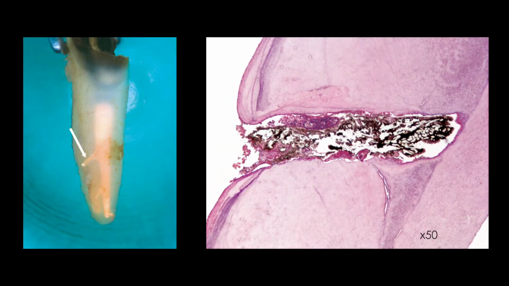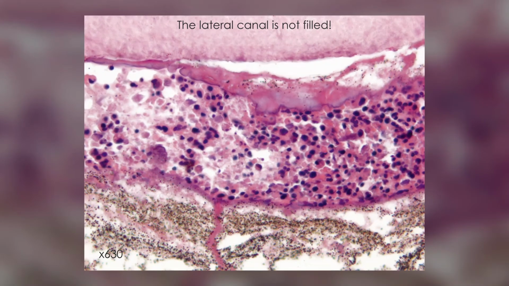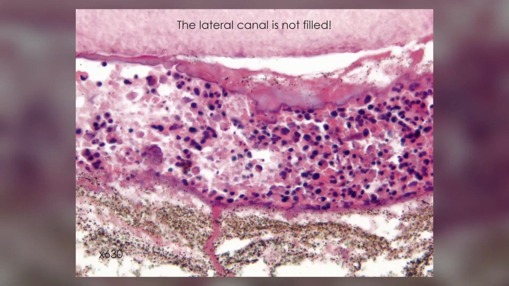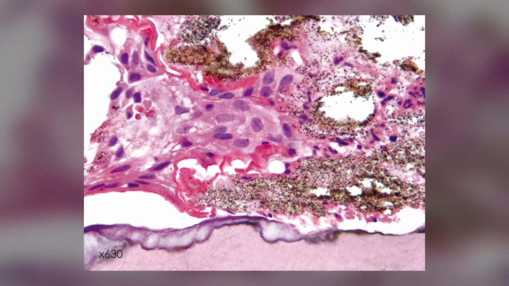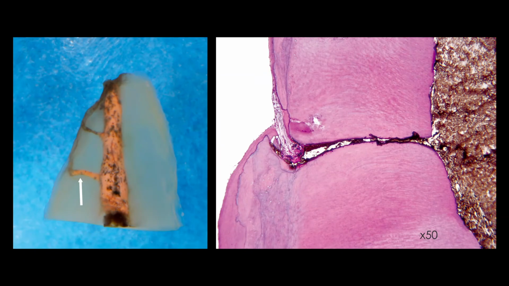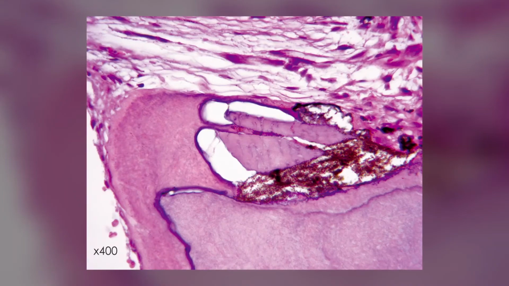If you squeeze, this is the term, squeeze, if you push, particularly using, for example, Thermafil, and or vertical compaction, you can push some materials into the lateral canals, but does this mean that the canal is filled? No. Once again, histologic sections say that you are pushing some material which is always intermixed with tissue which is necrotized or still vital, but the spaces are not filled, this is sure.